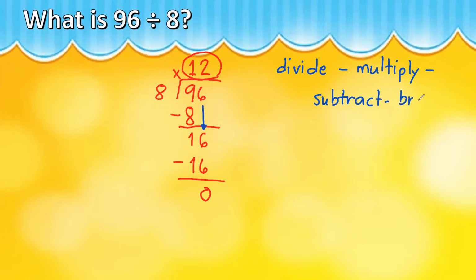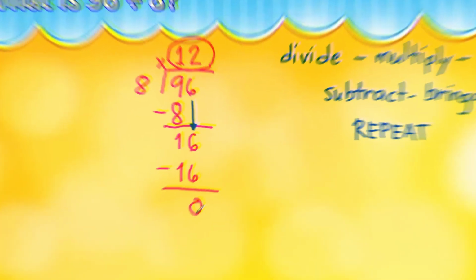Then bring down and repeat. We repeat the process after we bring down. So, divide, then multiply, subtract, bring down. Again, divide, multiply, then subtract.